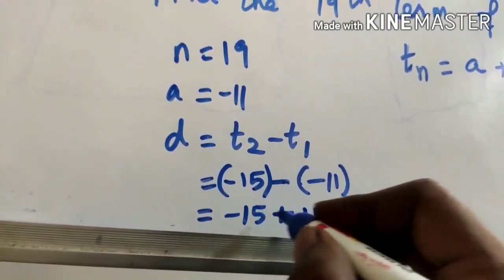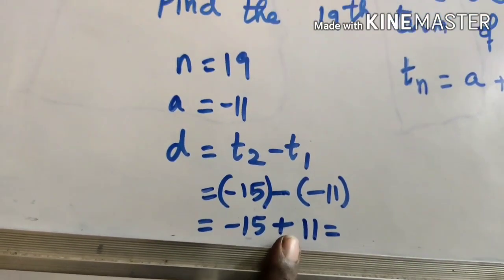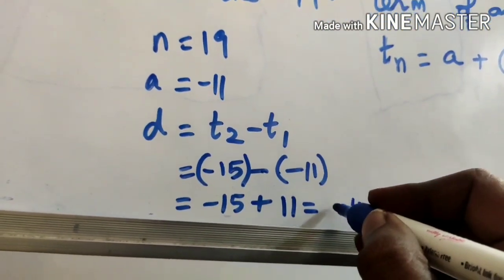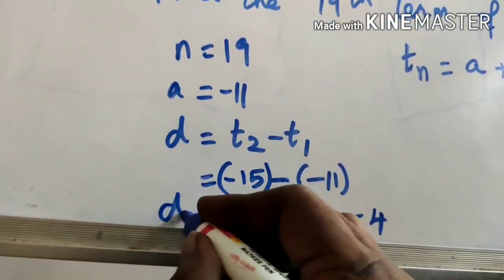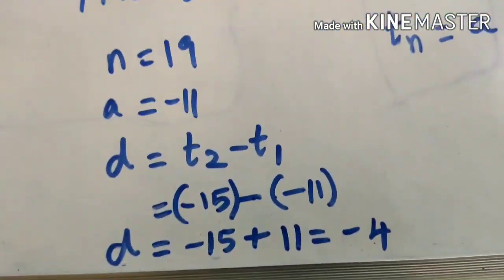Now different sign, use the addition rule: subtract and put the bigger number's sign. If you subtract, you get 4, and the bigger number's sign is minus. So the common difference is minus 4.